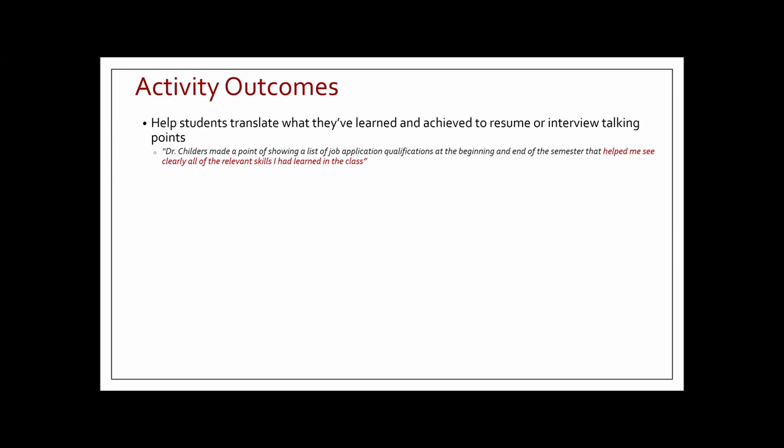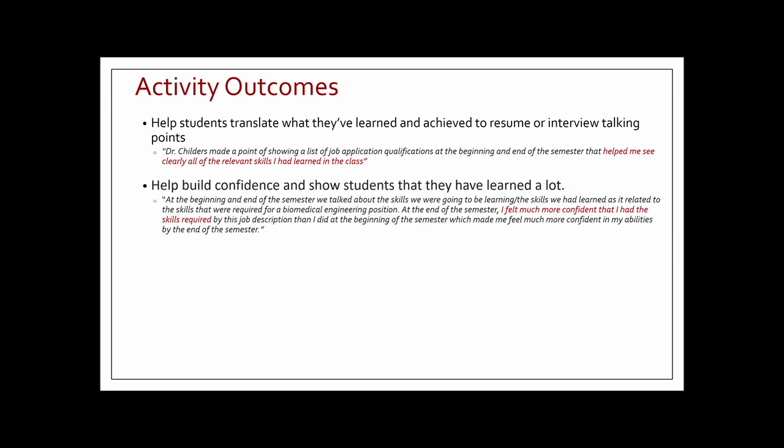It can help them put into words what they can translate to their resume, or how they can translate it to talking points during an interview. A student pointed out that it helped them see the relevance of the skills they learned in class. And finally, it builds confidence that they can now apply for these job types.